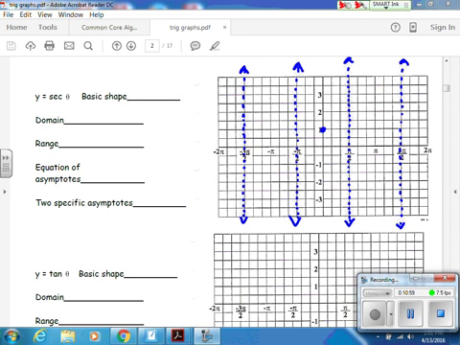So this is basically a cosine function. That's the red, the red is the cosine. So we're flipping all of this.